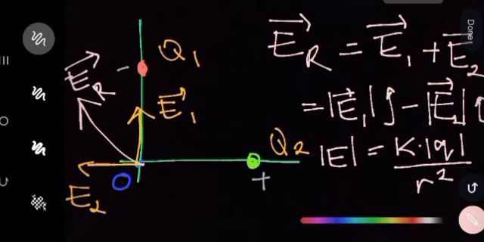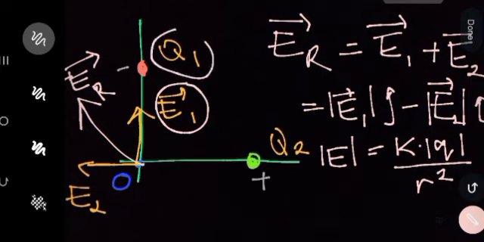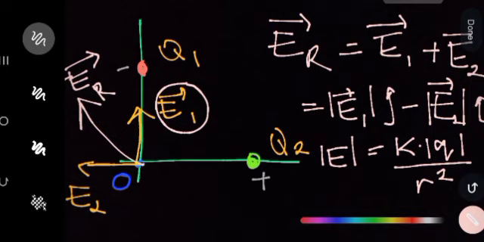So to find the magnitude of E1, I'm going to take K times the magnitude of Q1 divided by the square of the distance from the origin to Q1.